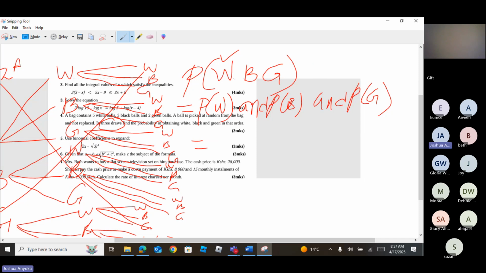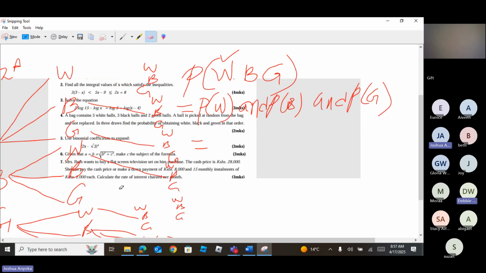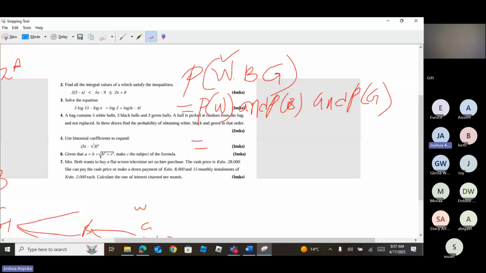We are told it is without replacement. A bag containing 5 white, 3 black, 2 green, a ball is picked at random from the bag and not replaced. You underline this, not replaced.